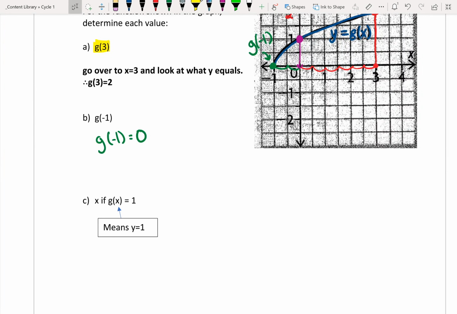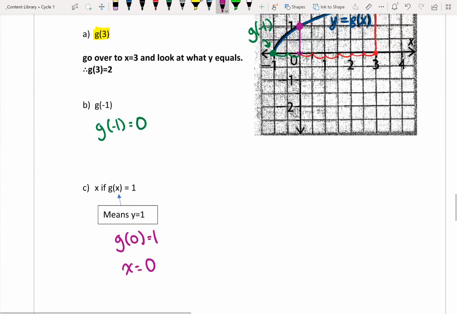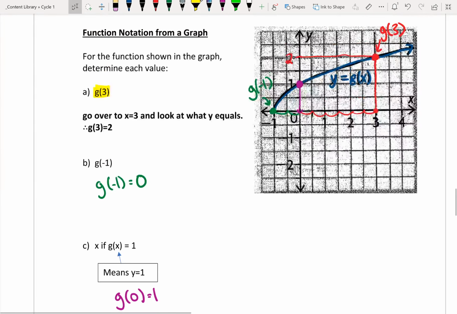If I look at when g equals 1 and go down to the x-axis, it's right at 0. So that means g at 0 equals 1, or x equals 0. So when you're using a graph with function notation, you're just basically finding the y value for a given x value.